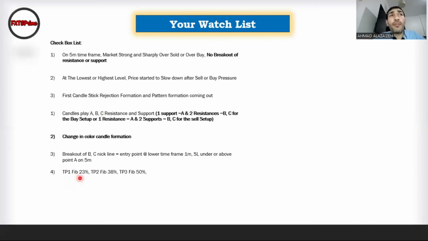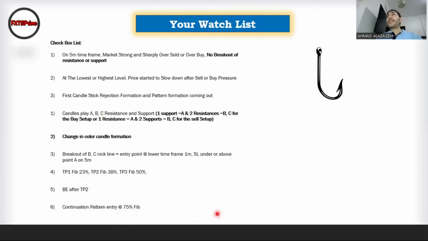Last thing, take profit number 1 is Fibonacci 23, number 2 is Fibonacci 38, TP3 is Fibonacci 50. Then for the B, you can have your entry after take profit number 2. Then after that, you're going to have 70% Fibonacci from the sell setup of the continuation pattern.